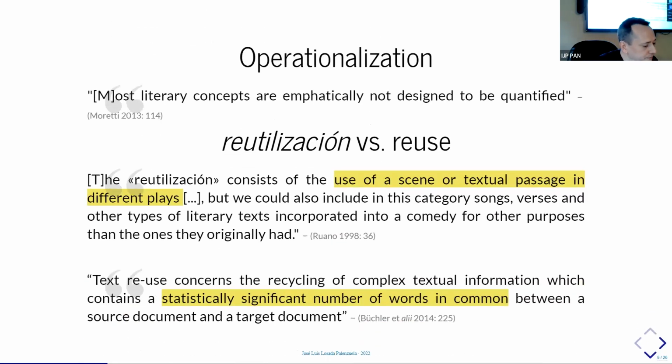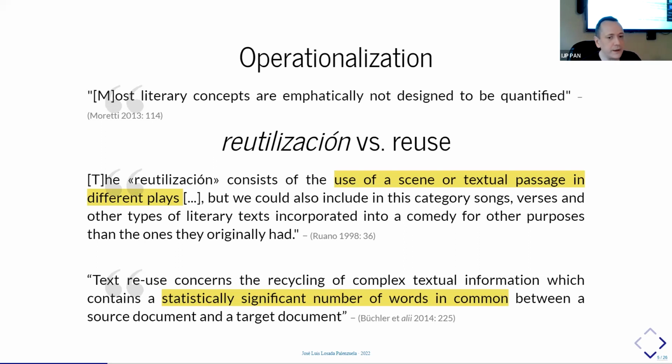So how to put these terms into numbers when most literary concepts are, as Moretti said, emphatically not designed to be quantified? As a working basis, I just merged two definitions. The qualitative one: text reuse consists of the use of a scene or textual passage in different plays, but we could also include in this category songs, verse, other types of literary text incorporated into a comedy for other purposes than the ones they originally had.